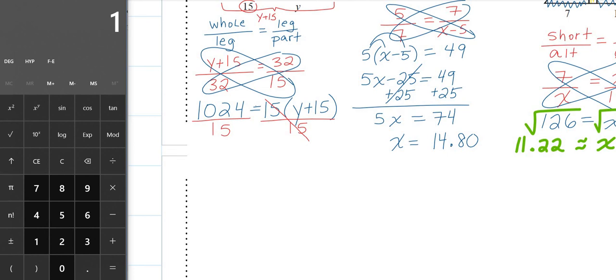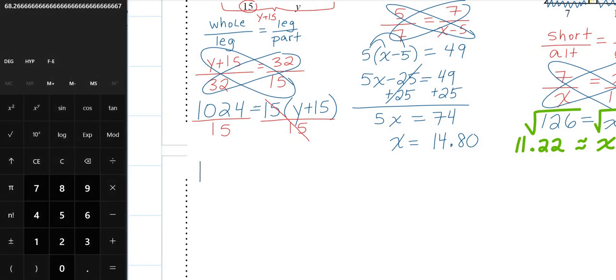So now I'm going to be left with 1,024 divided by 15 in the calculator. Divided by 15. I get 68.26 repeating. And that's not such a great number, but I'm going to write it down. 68.26 repeating equals, and now I've freed up the parentheses, so y plus 15.